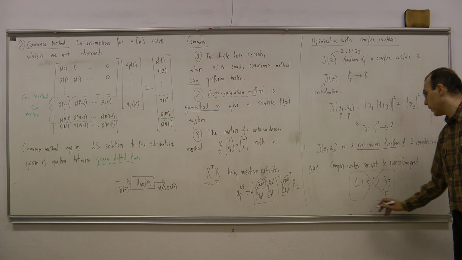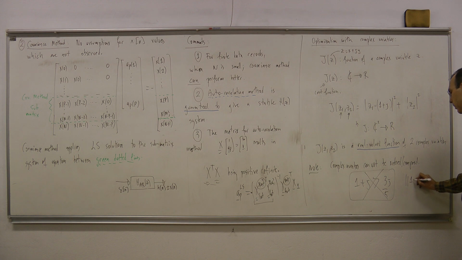There is no ordering like that. But this makes sense: 1 plus j in magnitude greater than 3 over 5j. Okay? This is okay. Because at the end, you have a real number over here, and real numbers can be ordered. So this is square root of 2, for example. This is the magnitude of this complex number. This is 0.6. Square root of 2 is greater than 0.6. But complex numbers cannot be compared or ordered like that.